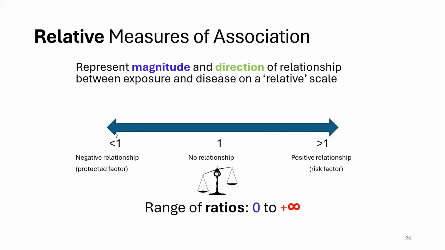The closer this gets to 0 and the further from 1, the stronger the magnitude of the relationship. So the magnitude is how far the risk or rate ratio is from 1, and the direction allows you to establish whether it's a positive or a negative relationship.